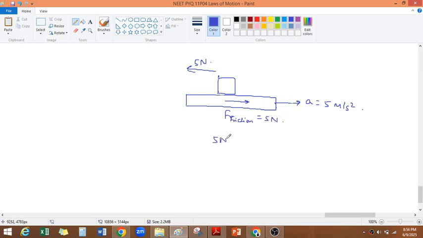So 5 Newton minus 5 Newton, it will be 0. Sigma F is equal to MA. So mass into acceleration, so acceleration is equal to 0, which means it is not accelerating, meaning this block will go along with the truck, with respect to the truck.